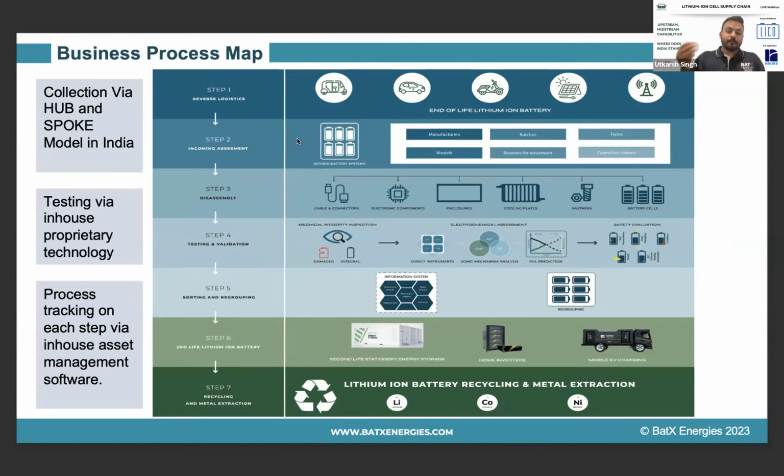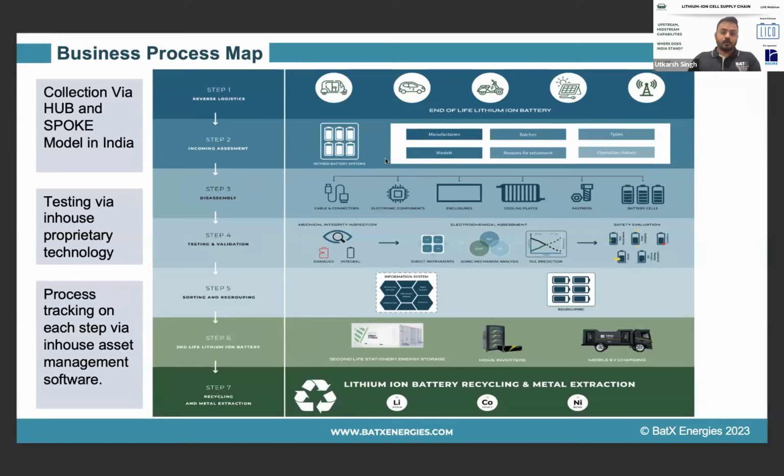The recycling companies leverage that data, and the battery pack companies leverage that data to enhance the performance of their battery packs. So that is also a responsibility of the recyclers. This is not just a recycling game. It also has a lot of technology involved on all three fronts. That is on the chemical front for the extraction of material, and on the IT front for taking out the data and properly analyzing it.